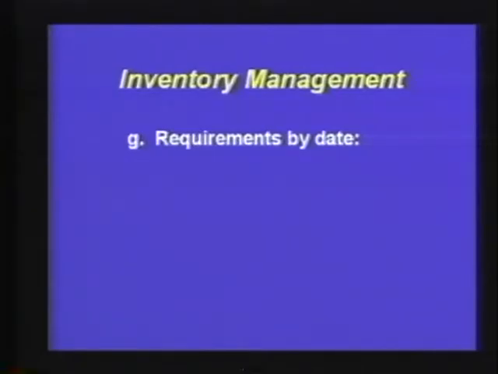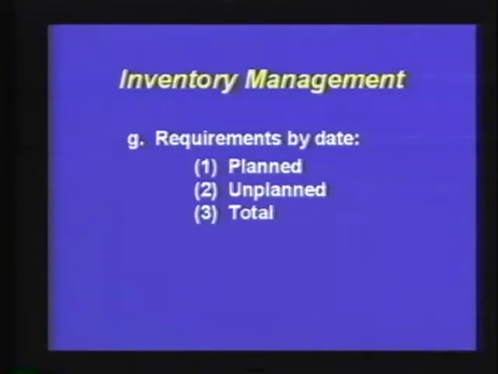So item number G, the planned, the unplanned, and the total requirements are going to be reviewed on page number 7. The on-hand is the total quantity on hand, irrespective of where it's located. That means if we have more than one storage area, then H, the on-hand, is the total of all on-hand inventories. I is the total of on-order.